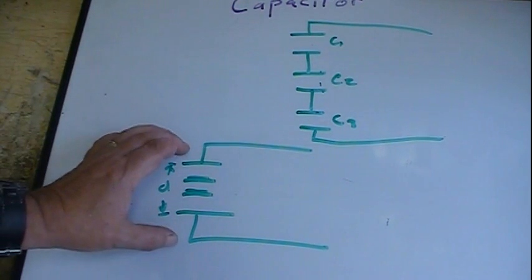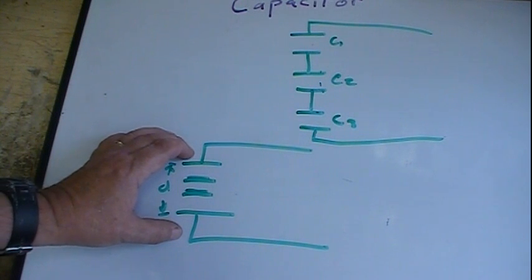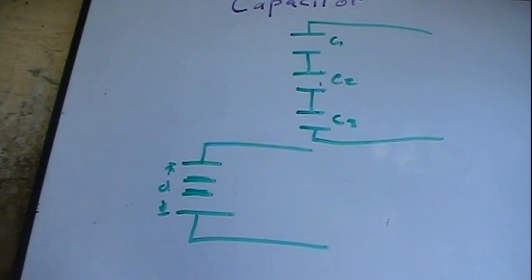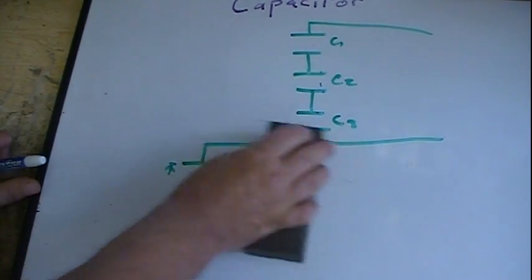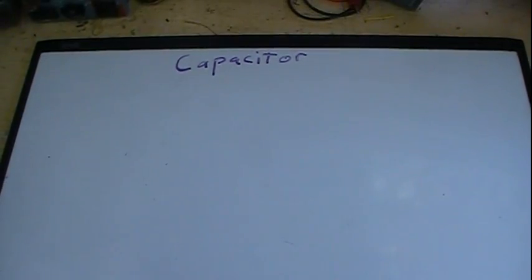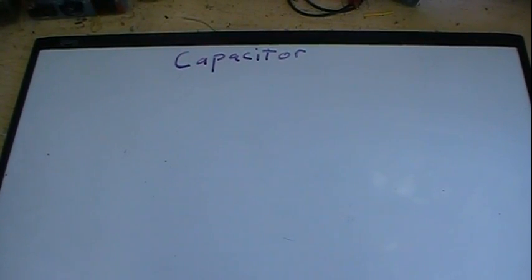So it effectively becomes just one capacitor with a very wide distance between two plates, and that's why the capacitance is considerably less when you've got capacitors in series. But basically just remember the formulas, and like I said, you can pause this at any point to see the formulas and write them down.